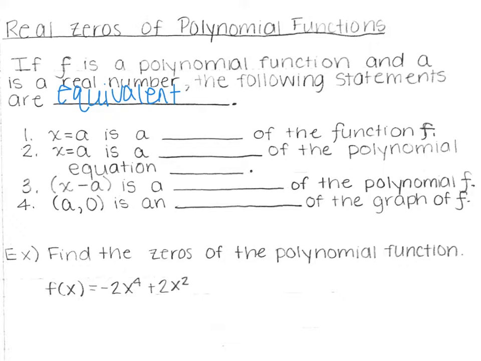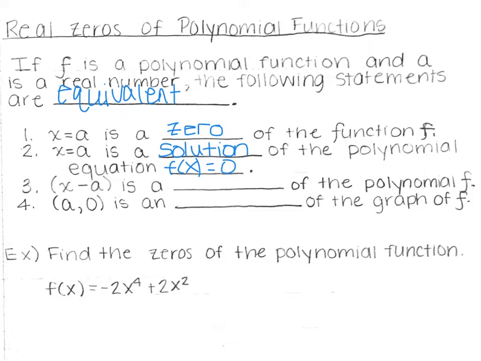Statement 1, x equals a is a zero of the function. Statement 2, x equals a is a solution of the polynomial equation f of x equals 0.